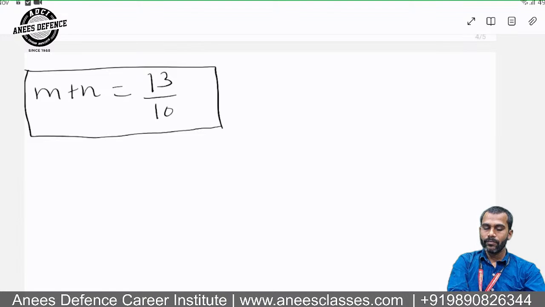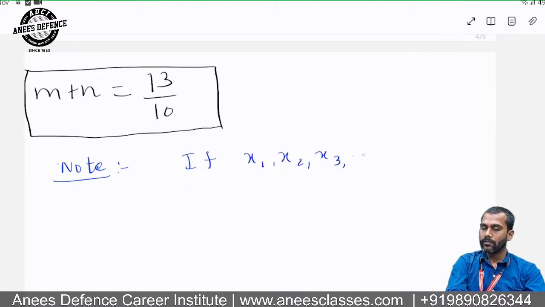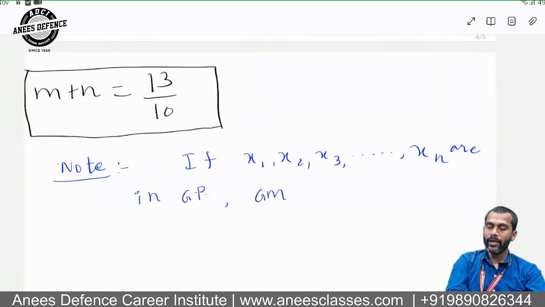See, if x1, x2, x3 up to xn are in GP, then GM will be equal to the square root of the product of first term and last term. This is the property that you might have already covered in sequence and series as well.